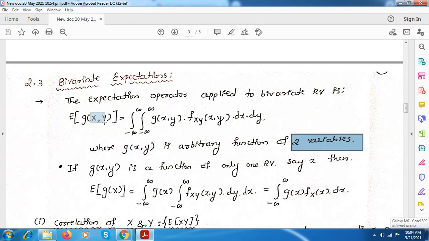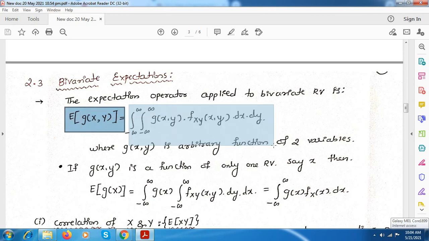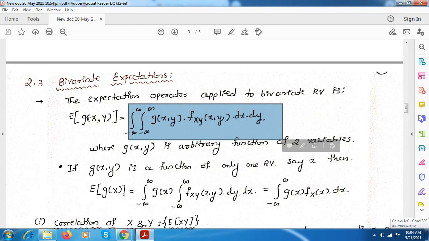Here the random variables are x and y. So if you write the expectation for both x and y, instead of x we will have g of x comma y, and this is the bivariate PDF.